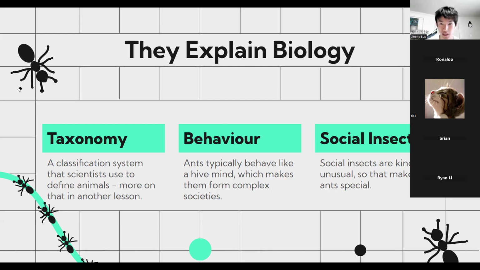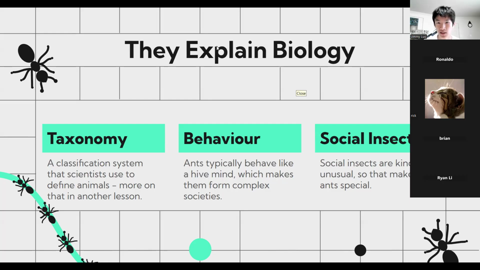And ants are social insects, and social insects are kind of unusual. So what are social insects? The word social basically means that they communicate to each other and exchange information, like humans do. Humans are social animals. In the insect world, not a lot of insects are actually social.